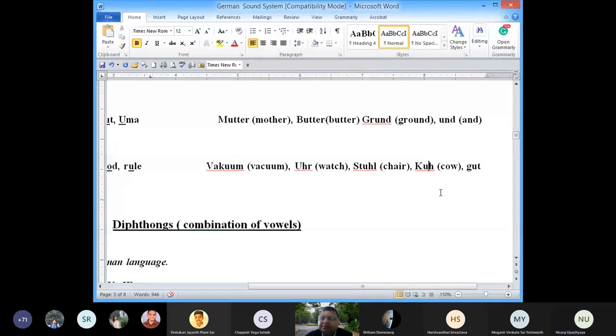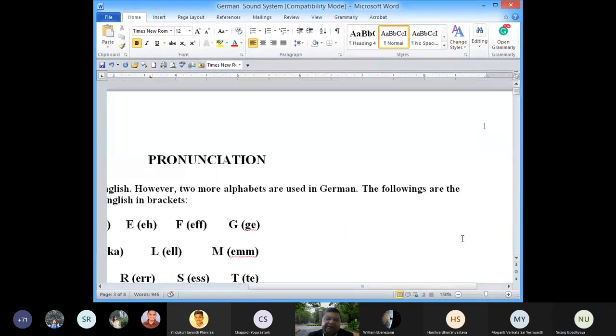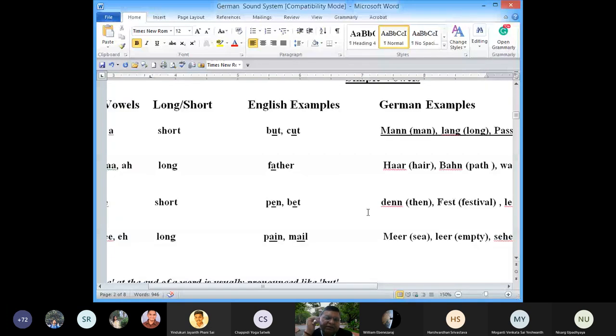Up to here. In the pronunciation of a, like the vowel a in English, in the English examples you have given, but and cut, in both of these the sound is o. Did you attend my first class? Yes, sir. There I said that this is not exact, it is just given as an example, but it is slightly higher. In Sanskrit there are 3 levels, but we don't have these 3 levels in English.